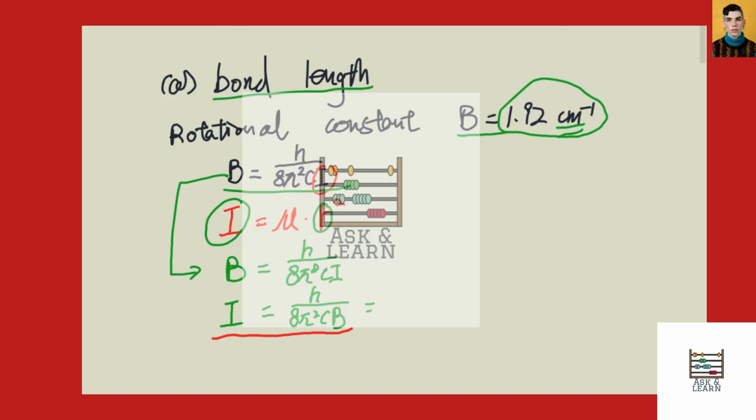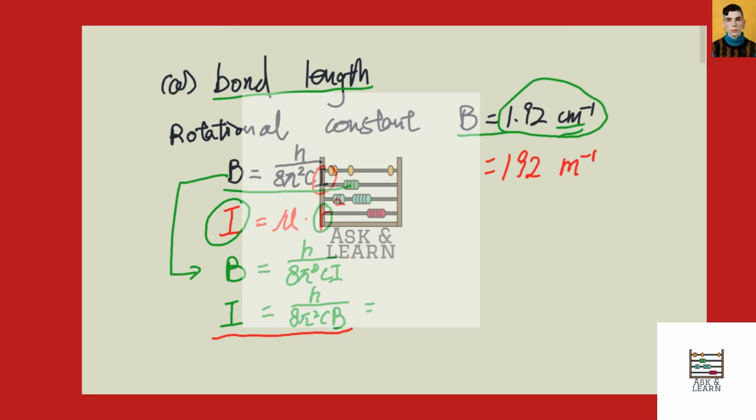So the first thing you need to do is to convert the rotational constant unit to inverse meters. For this one, you can do a conversion. It actually equals 192 inverse meters. Now we can just plug in the numbers.